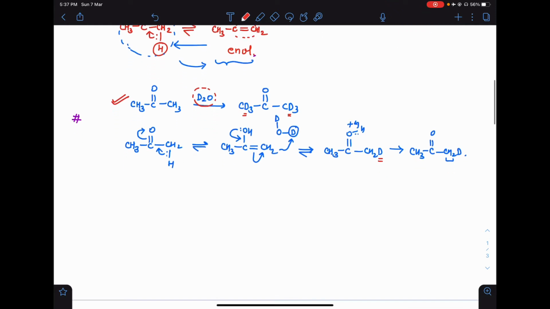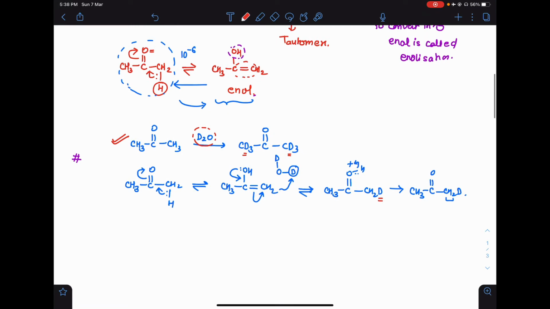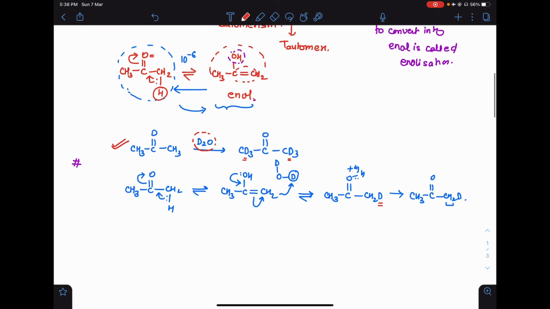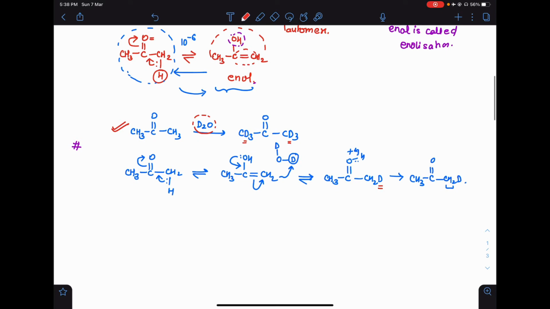All right. Now, like I said, for typical carbonyl compounds, a very small, trace amount of enol is formed. So let's try and find out the reason for that. If we take the example of acetone, CH3C, this is the keto form, and in the enol form it will be CH3, C(OH) double bond CH2.